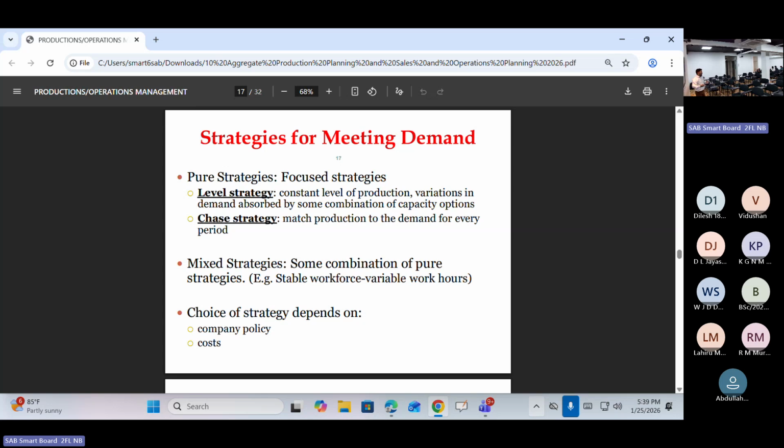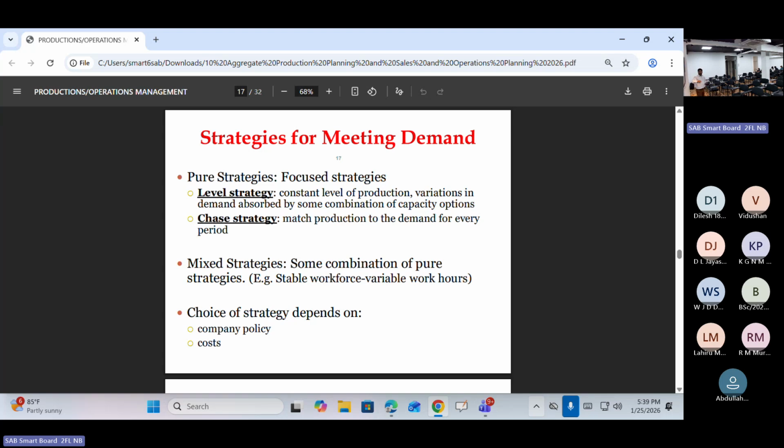There are two main strategies for meeting the demand that we have already identified under capacity planning. There are two focus strategies. One is called level strategy, and the other one is called chase strategy. Do you remember? We identified them under capacity planning.